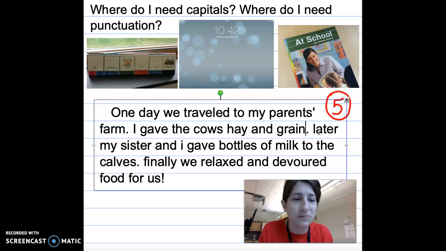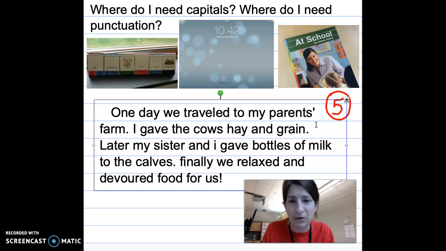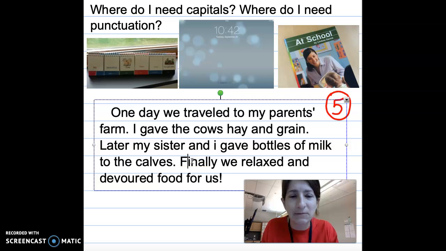Here's my next end mark. Bounce it up like a basketball and make that a capital letter. This one, bounce it up like a basketball, make that a capital. 1, 2, 3, 4. I'm missing one more.